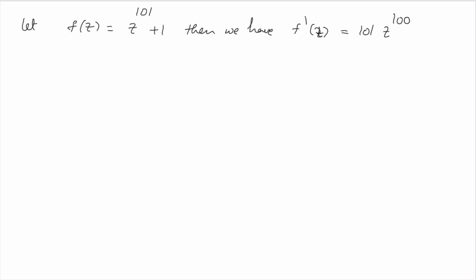So now to solve this problem, we let the function f of z as z to the power of 101 plus 1. Then we have f dash of z as 101 times z to the power of 100.